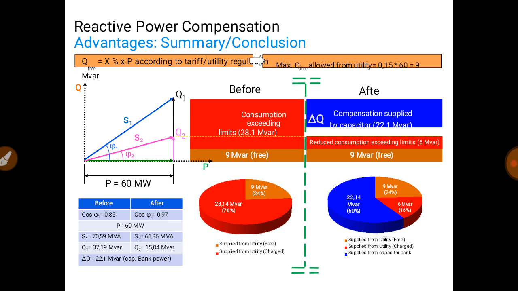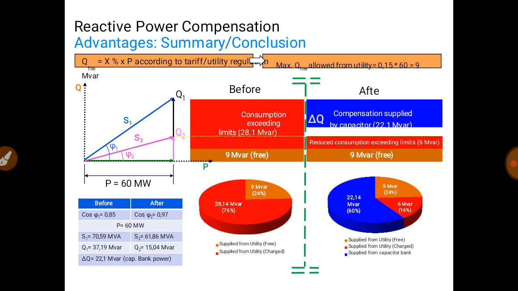Total reactive power in the first case is 37.19 and in the second, total reactive power is 15.04 megavolt ampere reactive. Then in the first, some amount of reactive power limits are defined by the government.